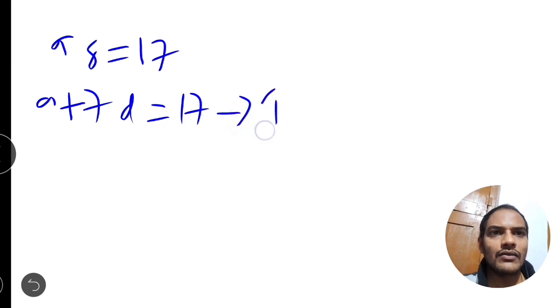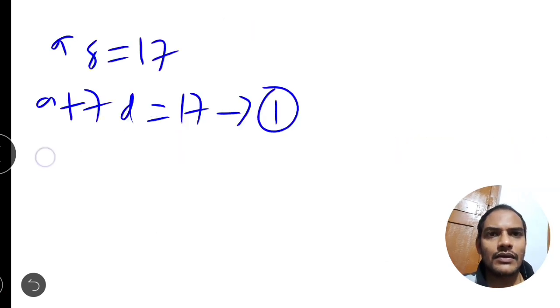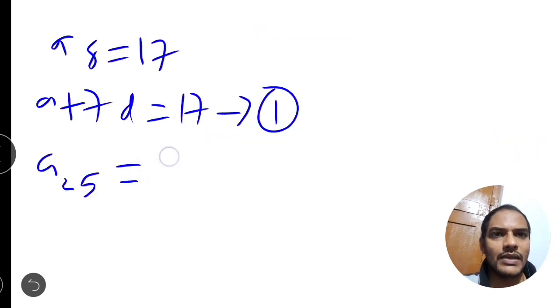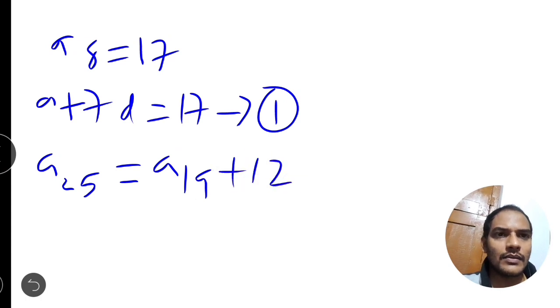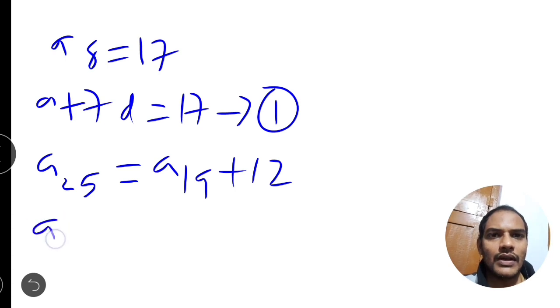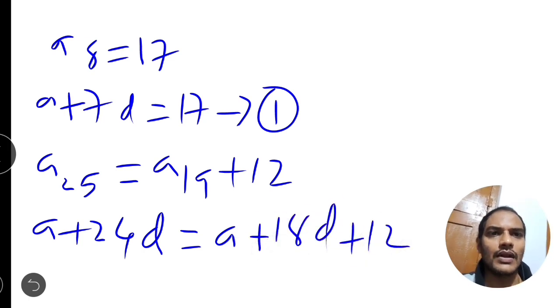It is equation 1. Next, the 25th term A25 exceeds the 19th term by 12. Exceeds means plus 12. So A25, which is A plus 24D, equals A19, which is A plus 18D, plus 12.